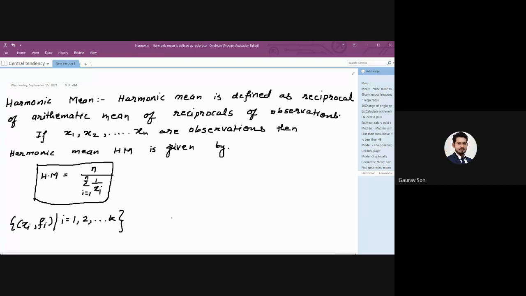Just tell me again. Summation fi upon summation of 1 upon xi fi. No, that would be wrong.